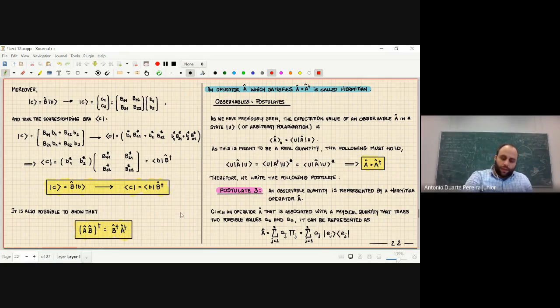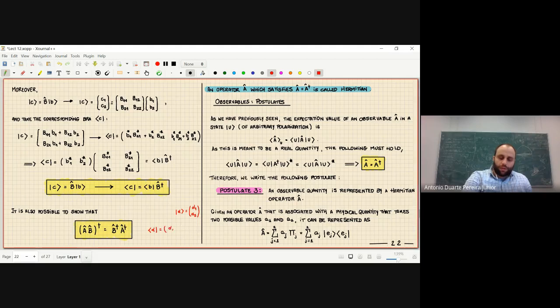So when I had a cat, let me call it alpha, and we had entries alpha 1 and alpha 2, I told you, if you want to write the bra associated with this cat, you transpose the vector.